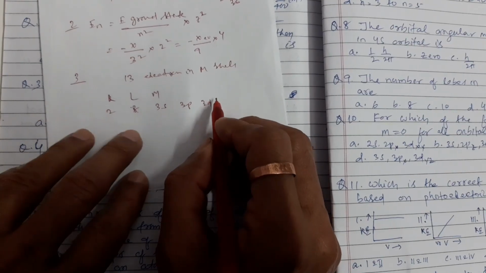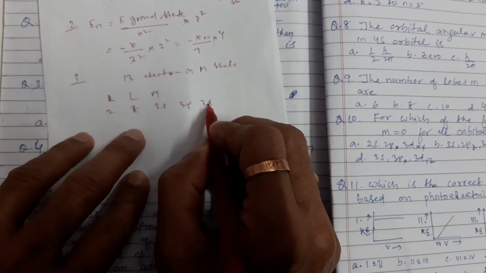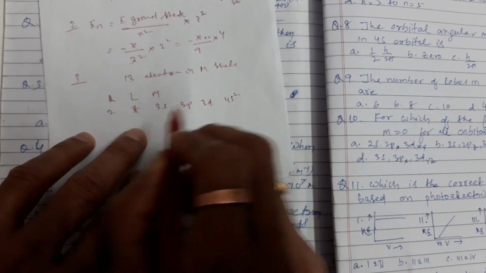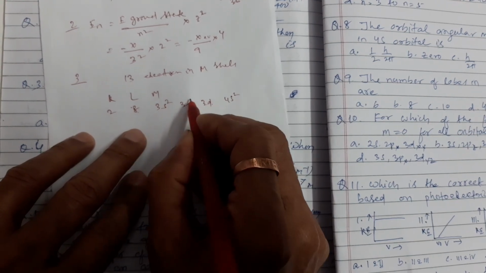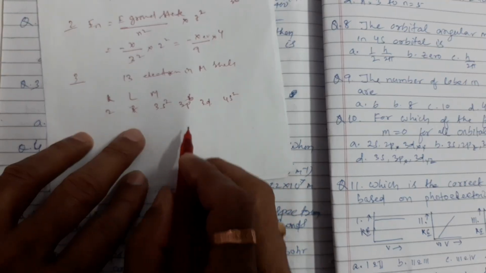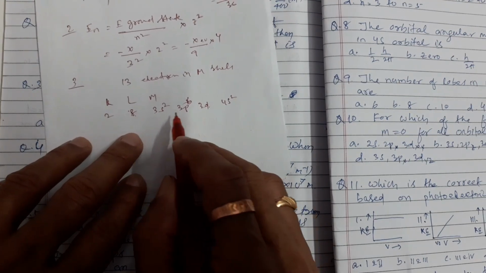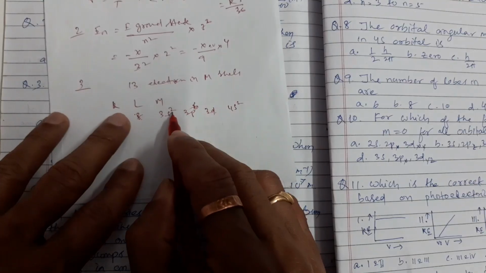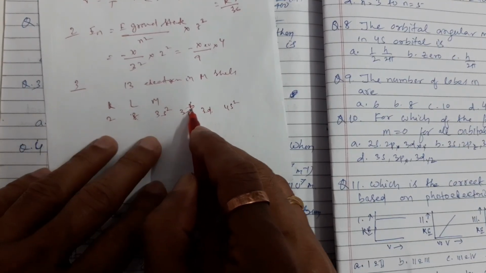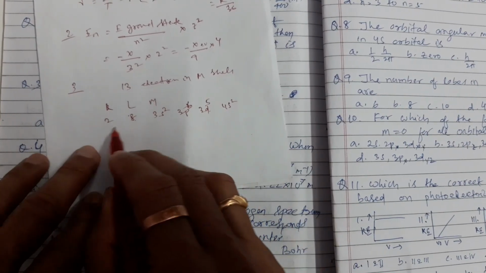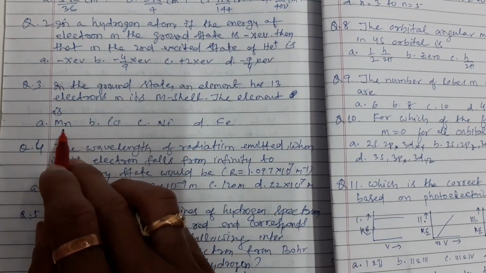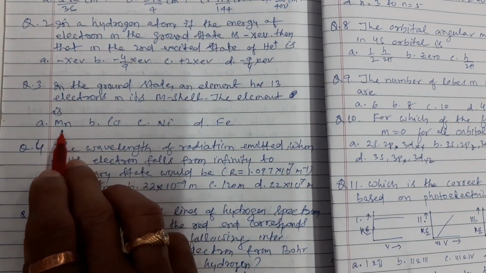When you consider 3d, before 3d, 4s is also filled. So it is 2, and 6. Here the M shell has 13, so 2 plus 6 is 8, plus 5. So the total is 25. So atomic number 25 is manganese. Choice A is the correct answer.